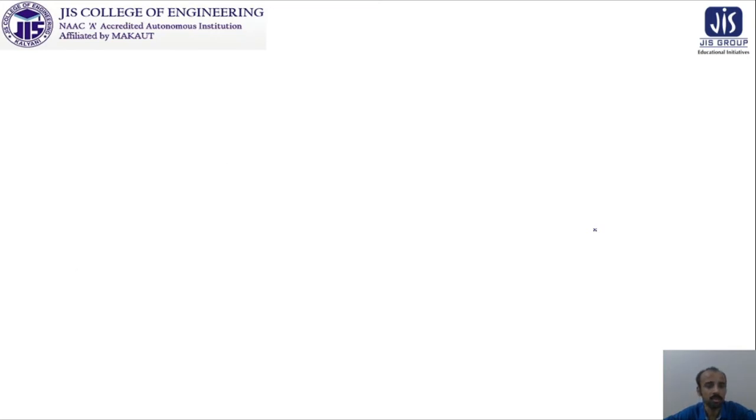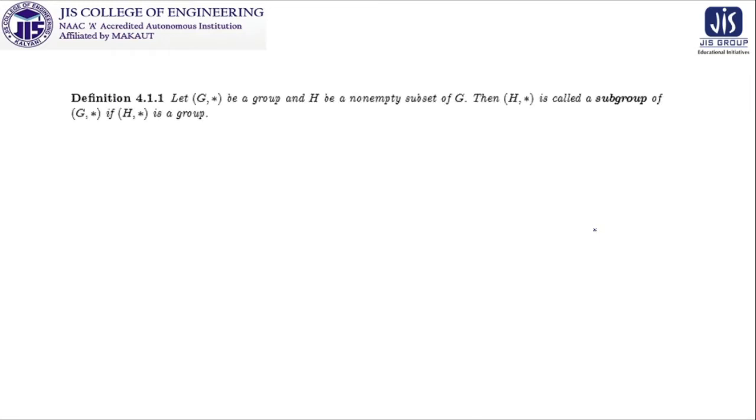So now coming to the main part of today's topic, the definition. As abstract algebra is a very specific subject, we have to give some emphasis on the definitions and the properties.